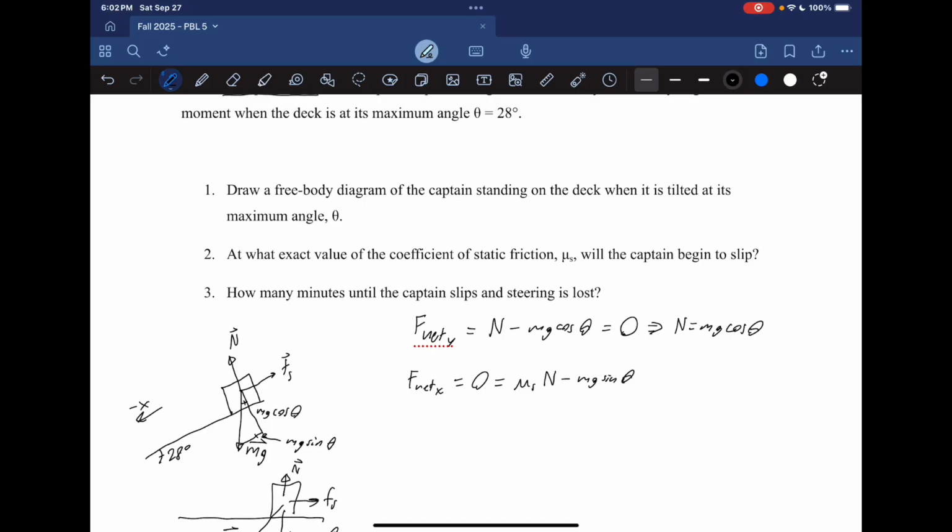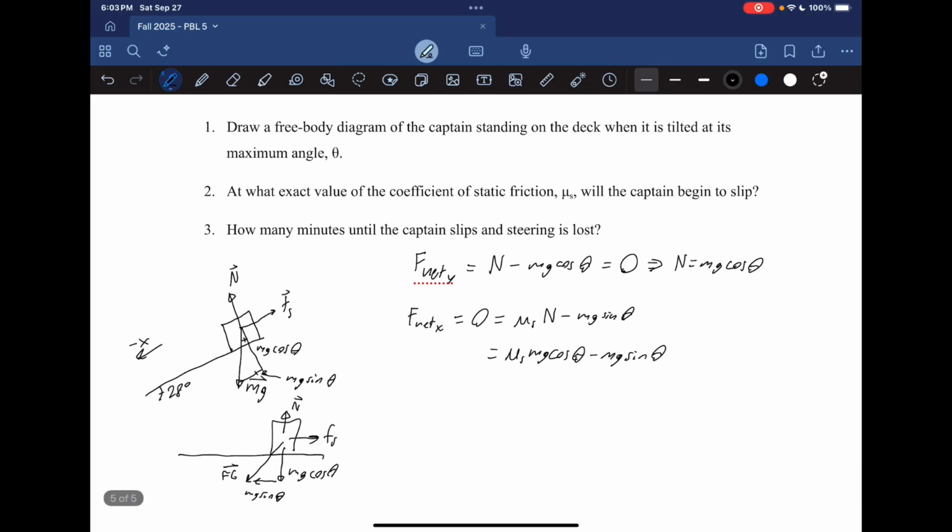Since we already calculated n is equal to mg cosine of theta, we have that this equals mu sub s mg cosine of theta minus mg sine of theta. We can rearrange this problem. We know that this is equal to 0. If you add mg sine of theta to one side and then divide by mg cosine of theta, the m and the g both cancel each other out, and then we have sine over cosine, and that is just tangent of theta.